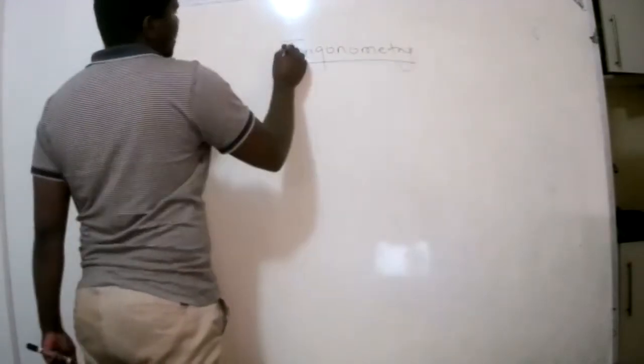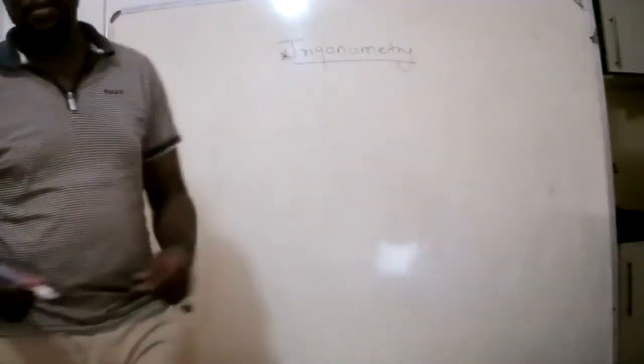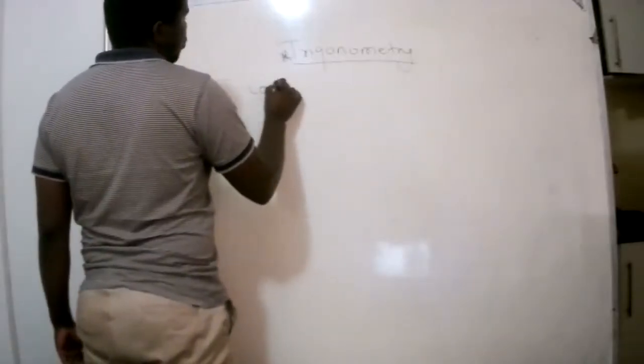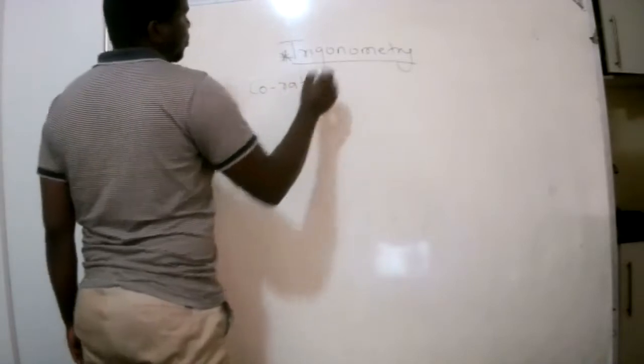This chapter, let me put a star next to it, because it's another important chapter which you're going to learn in mathematics. I'll start with what are called the core ratios. We must know how to deal with core ratios.